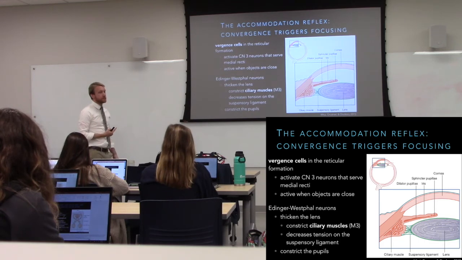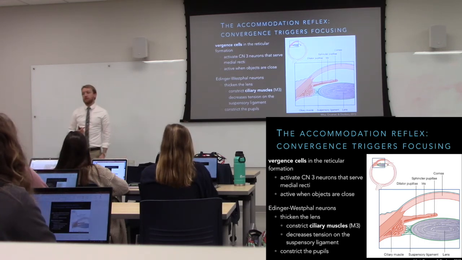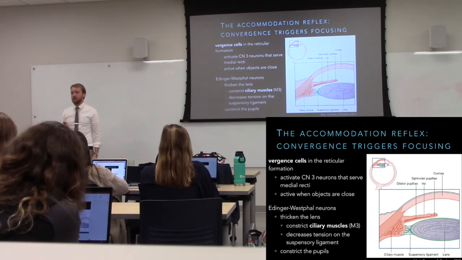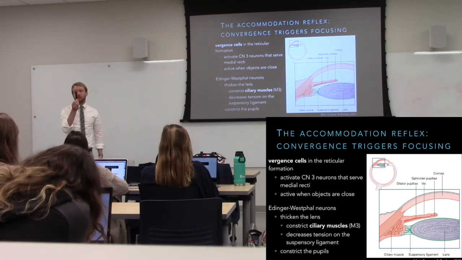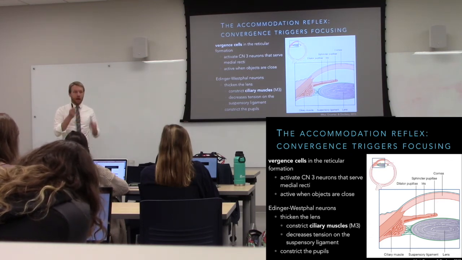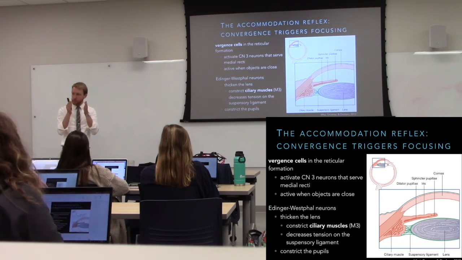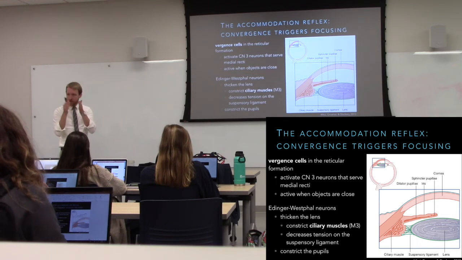The accommodation reflex deals with eye adjustments that occur based on object location. If we're looking at something close versus far away, our eyes are going to converge or diverge a different amount, and that degree of convergence is related to closeness.